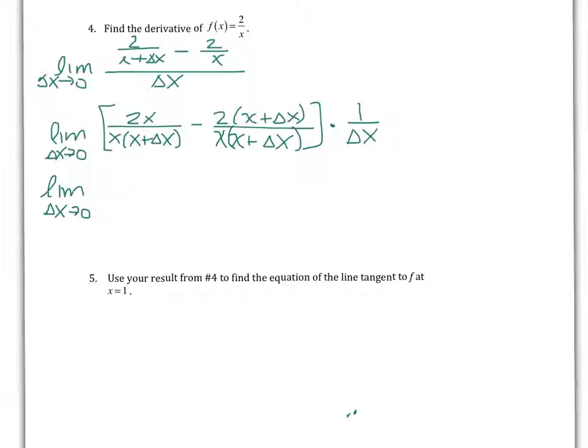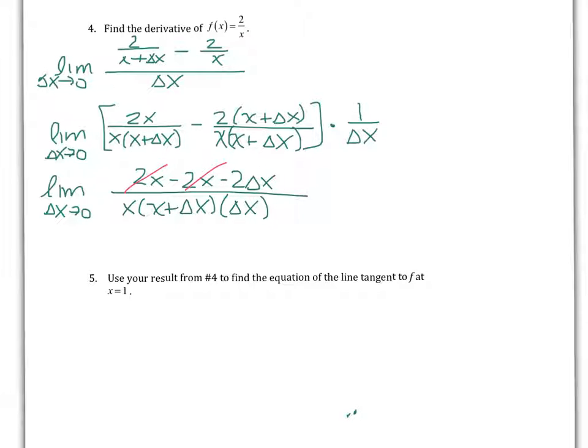That gives us 2x minus 2x minus 2 delta x all over x times quantity x plus delta x times delta x. Combining like terms, I can cancel out these: 2x minus 2x is 0. Then I can reduce by delta x, because that is a factor in both my numerator and denominator.